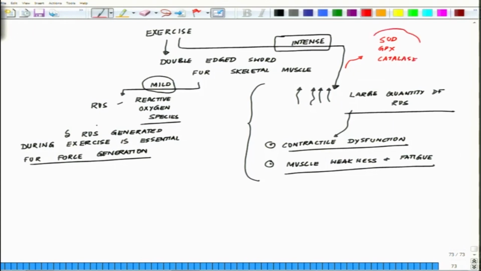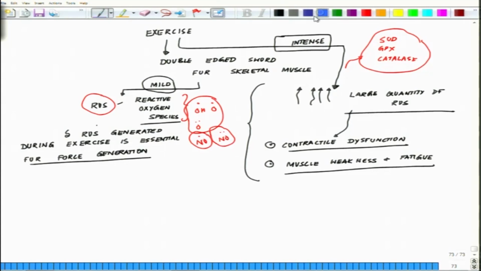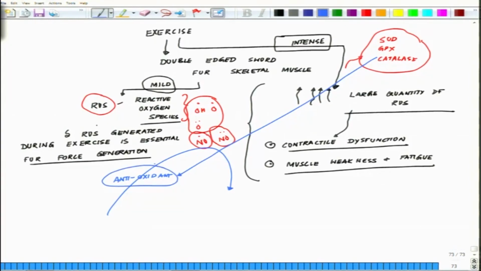So you're realizing if you are generating reactive oxygen species, which is .OH, .O, NO and all those kinds of series of reactive oxygen species, these have to be scavenged by antioxidants. Unless they are being scavenged by antioxidant enzymes, we will have serious issues.